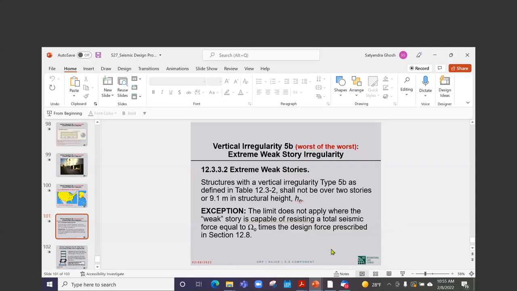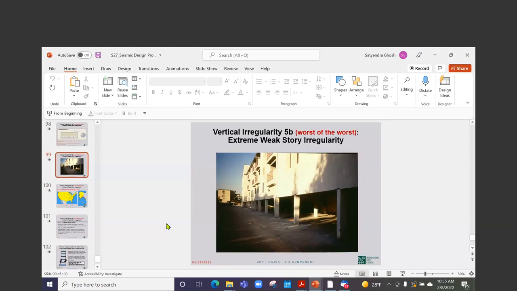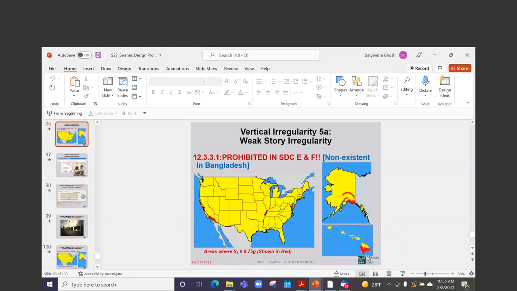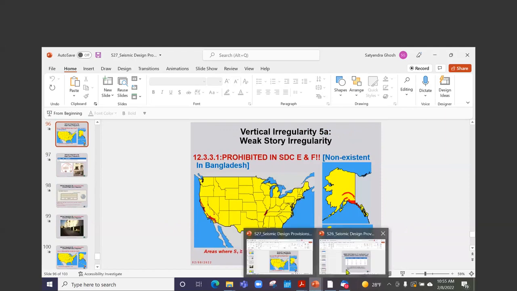So he's saying that the table is different from the map. Point two is zone two. He's saying Gazipur is shown in zone three on the map.